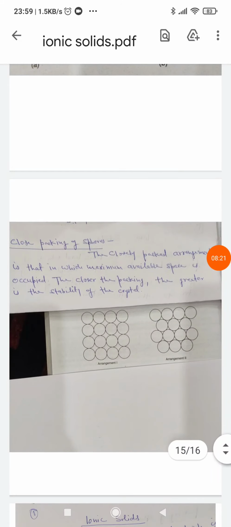If a number of spheres of equal size are put in a container and shaken, it is observed that they pack themselves in 2 common ways, shown in the figure. In arrangement 1, the spheres are packed in such a way that the rows have horizontal as well as vertical alignment, and in this arrangement the spheres are found to form squares.